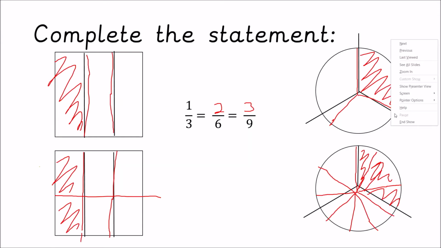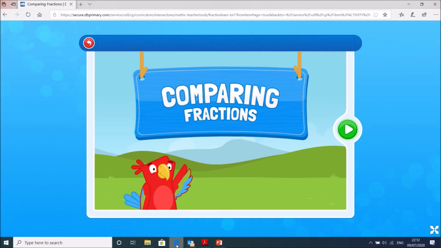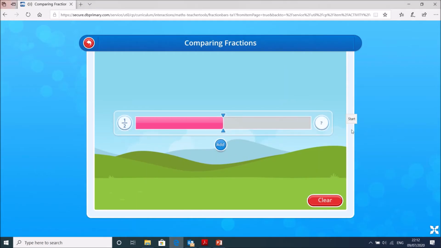We're just going to have another look at fractions using DP Primary. And unfortunately, I have checked, this is not available for children to access. This is a teacher tool.